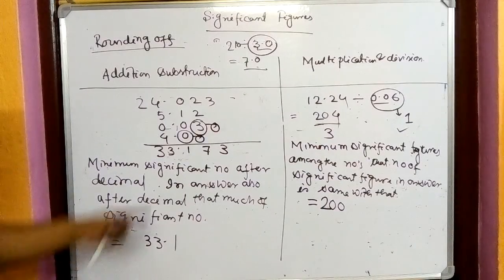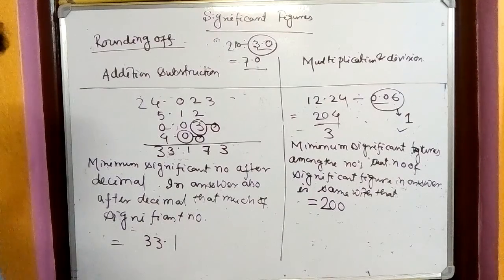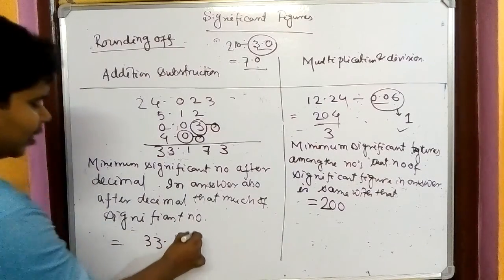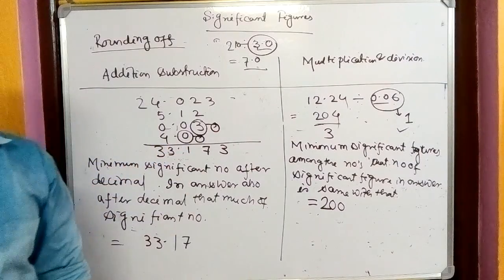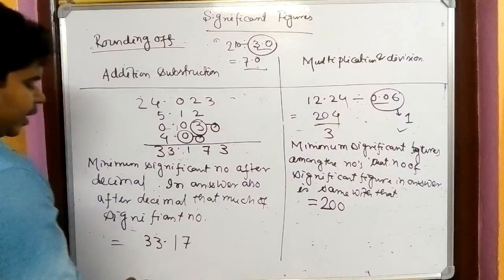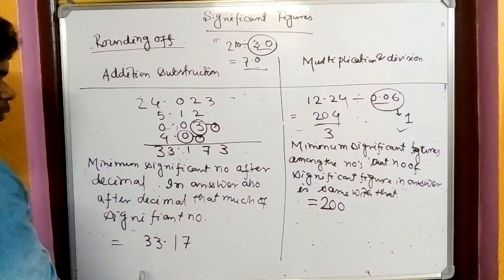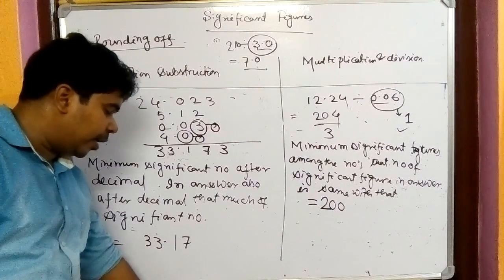In this case also, if you do it, the sum will be the same, but here the answer will be changed to 33.17, because after the decimal there are two significant numbers. That's why the significant numbers after the decimal in the answer will be 2. Okay, I think it is clear enough.